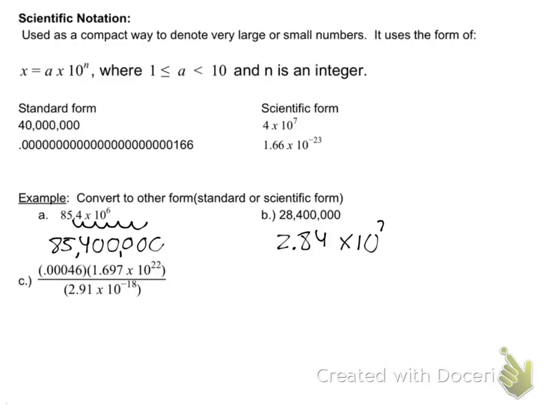We can use scientific notation to our advantage because if I convert everything into scientific notation, I have a number times, this is one of the few times we still use x as multiplication, 10 to a power. So it's just a number times a number, right?